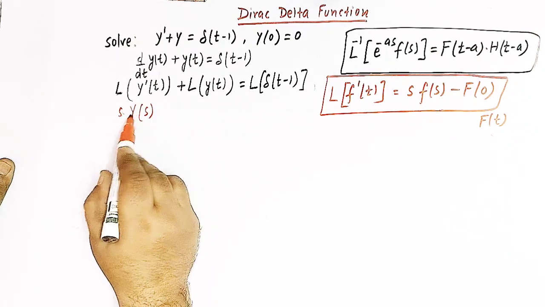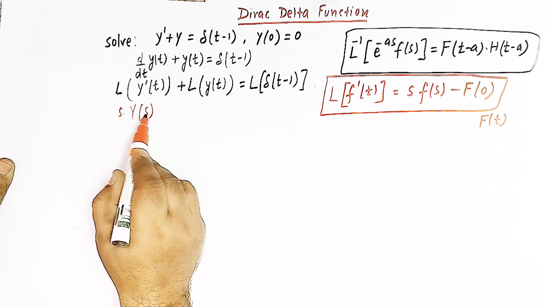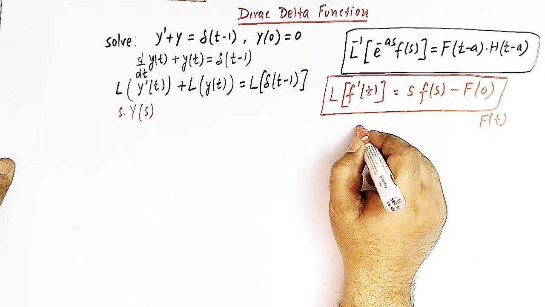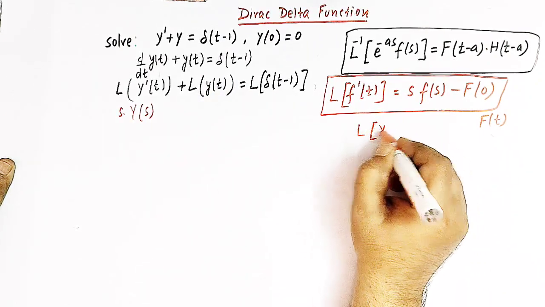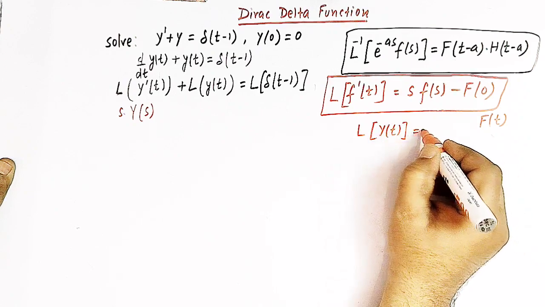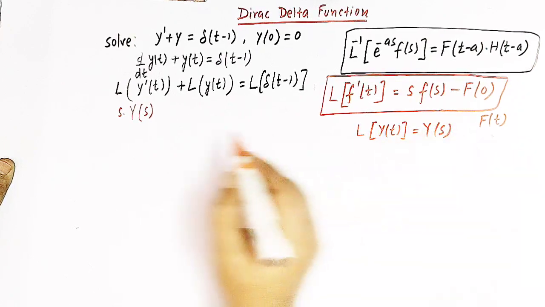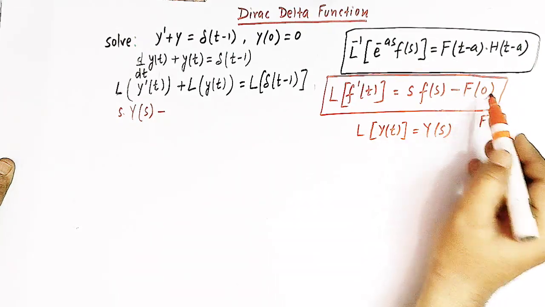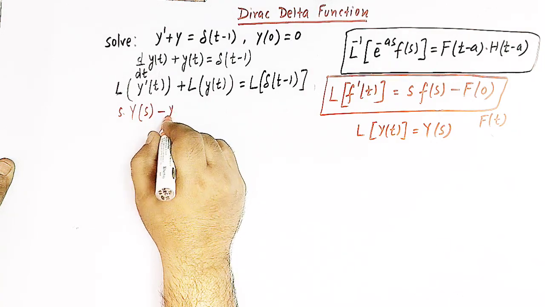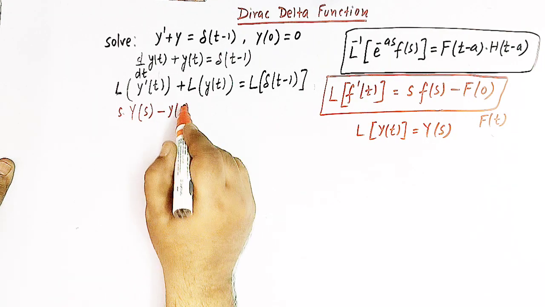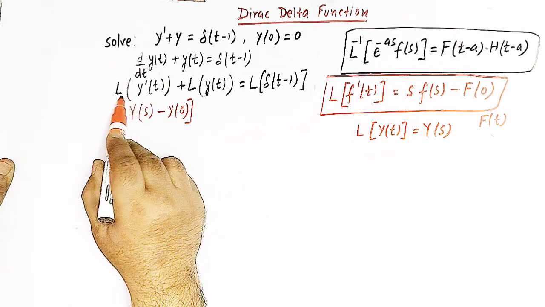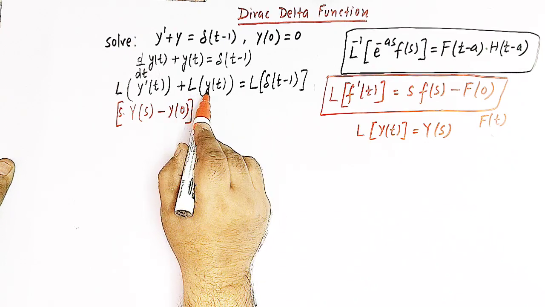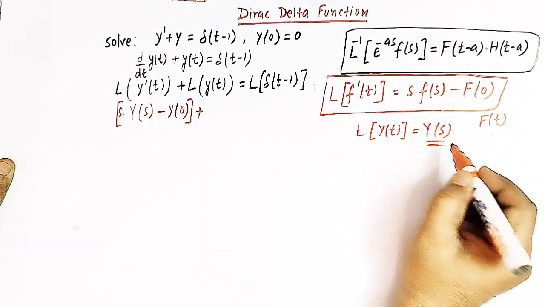We are using the notation capital Y of s for the Laplace transform of the function y of t. So the Laplace transform of y of t can be written as capital Y of s, and then we have f of 0, which for us is y of 0. This is the term for the Laplace transform of y prime of t, and the Laplace transform of y of t is replaced by capital Y of s.